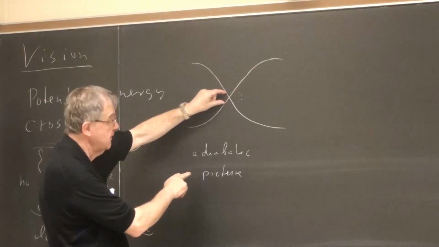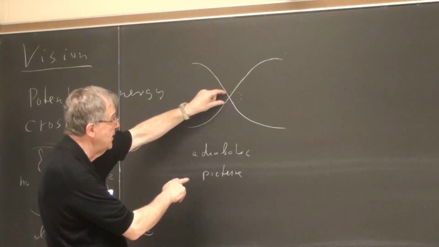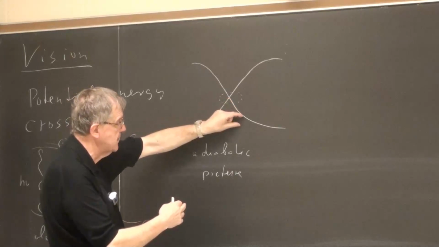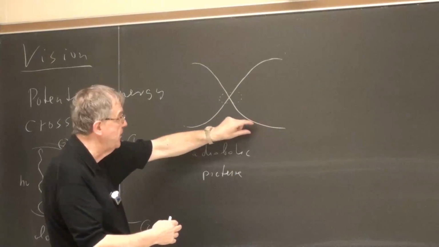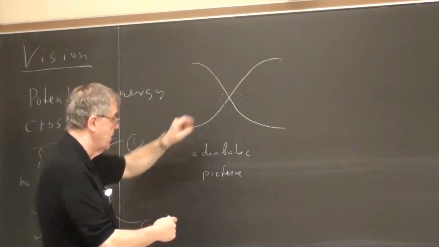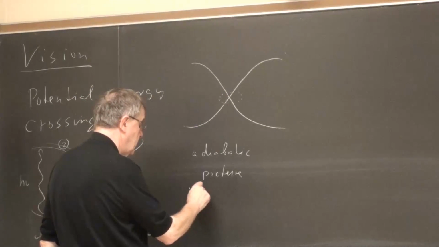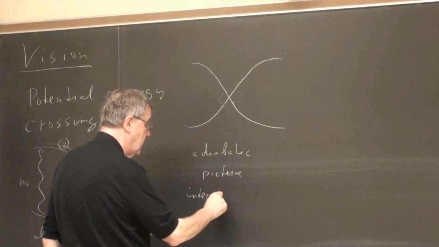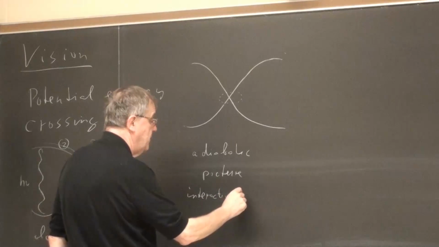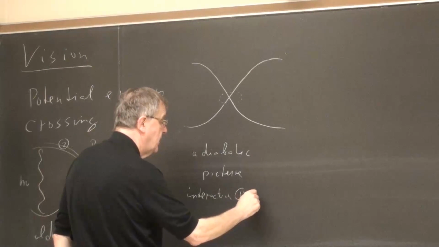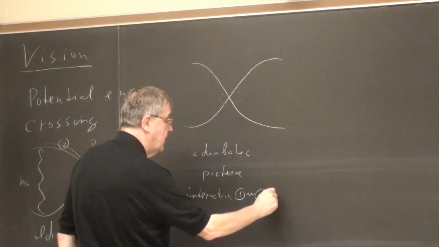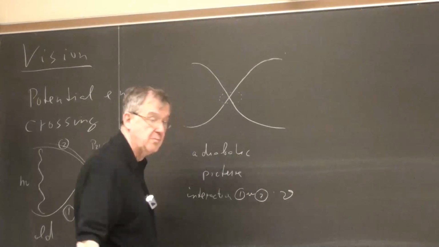Now you can mix it, because now the states are within that window. At this moment we mix it. So we have an interaction between state 1 and state 2 that we give the magnitude small v.